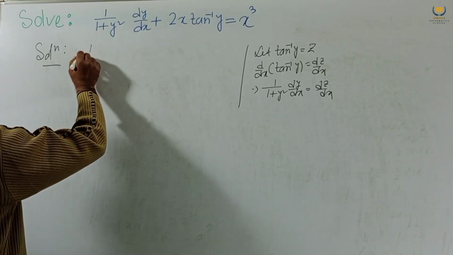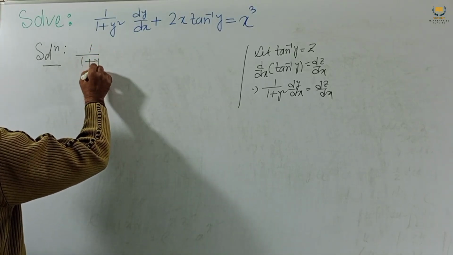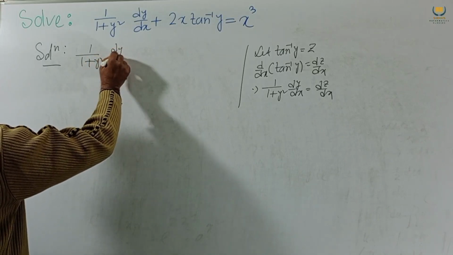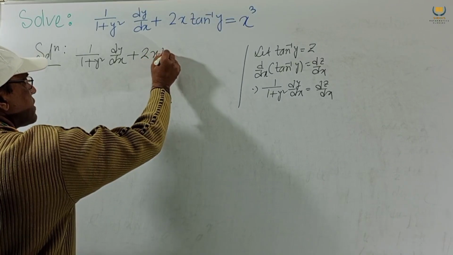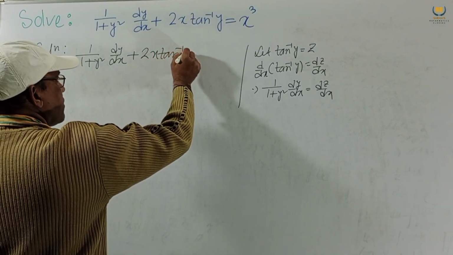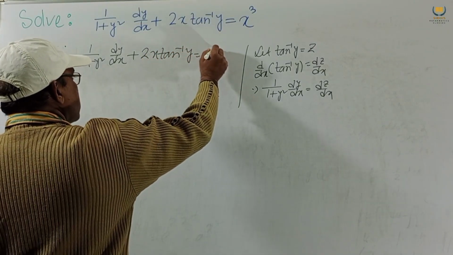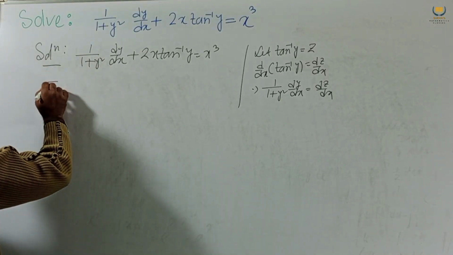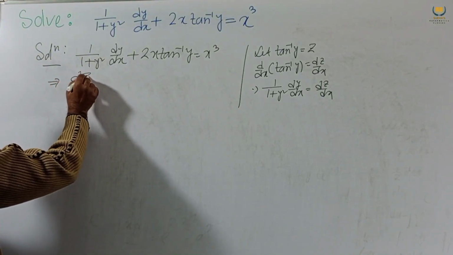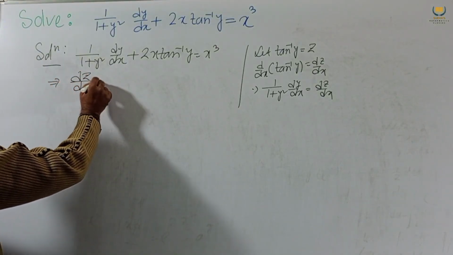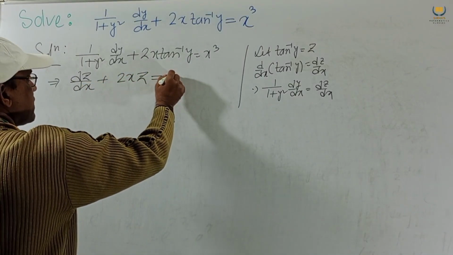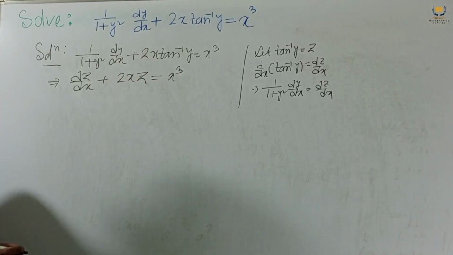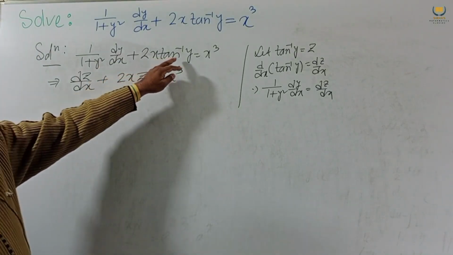Now putting this value, first we rewrite this problem: dy dx plus twice x tan inverse y equal to x cube, and with this value we get dz dx plus twice x z equal to x cube. So tan inverse y means z.